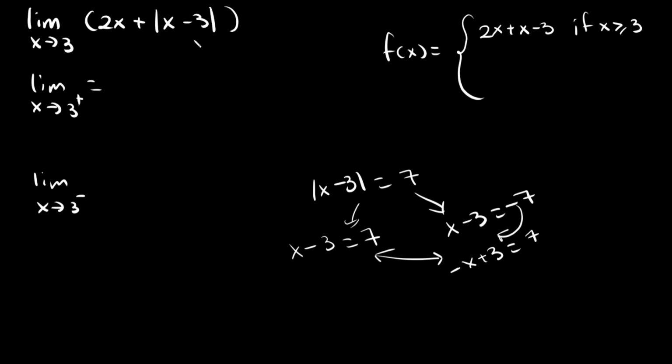So what we're gonna do is the same thing when x is smaller than 3. When x is smaller than 3, I'm gonna put a negative, as my example is saying right here, this is gonna become negative. So this is actually gonna be 2x minus x plus 3.